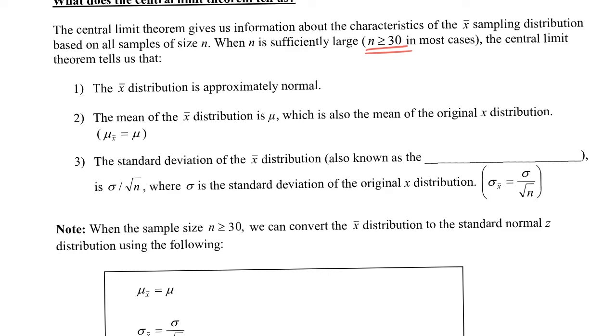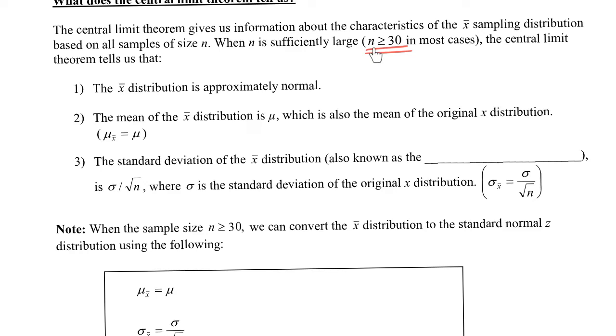Now, there are exceptions to this, but in most cases that you're going to run into, 30 will work. A lot of times you need a lot less than 30, but 30 was a line that was found empirically just by studying these things. Most researchers agreed that if you get to about 30, in most cases you're going to be just fine. So that's the number that we're going to use.